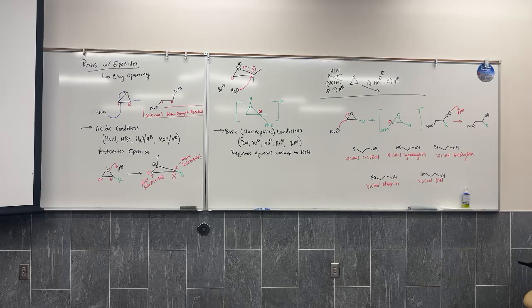I was thinking of 1, 2, 3. Is that what we're doing? That's the only thing I can think of. Yeah, you're taking an alcohol, making an ether out of it.